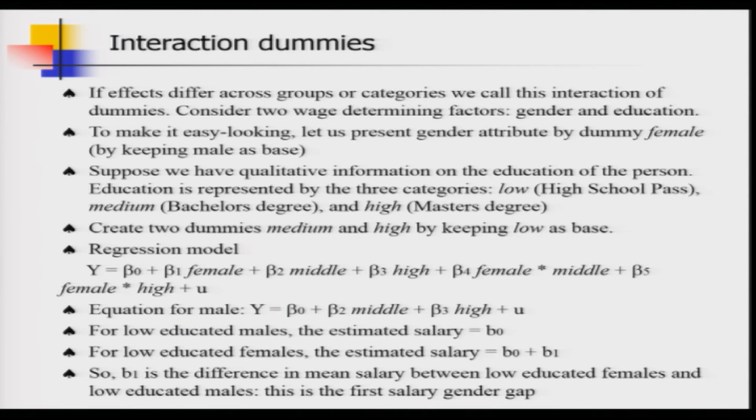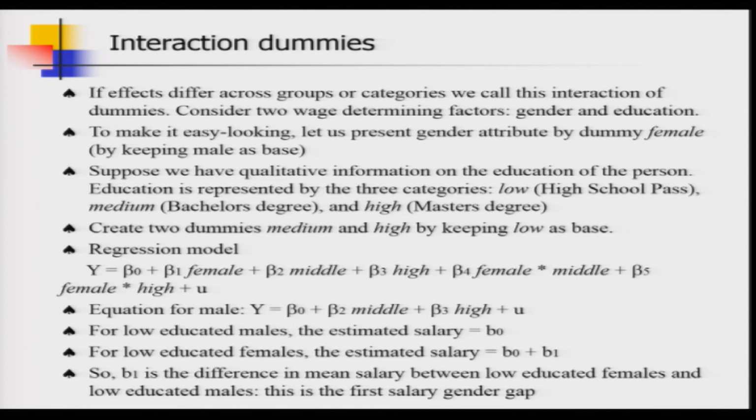Okay. So with this now let us look at the story. So here for low educated males, what is the estimated salary? So we have to plug in the values for these dummy variables. So as we are talking about males, you have to place the value equal to 0 for female, and we are also talking about the low education.